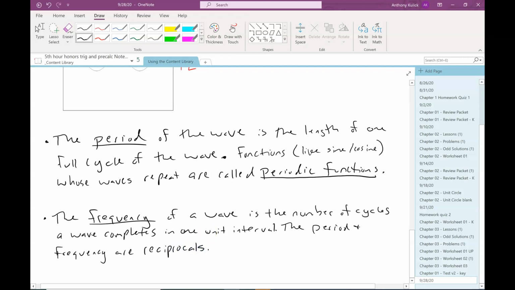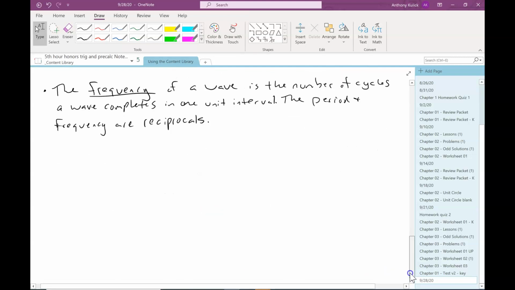Okay, so we say that the frequency of a wave is the number of cycles a wave completes in 1 unit interval. That's probably not terribly descriptive for us. The big takeaway here, though, is that the period and frequency are reciprocals. So that's the big takeaway there.